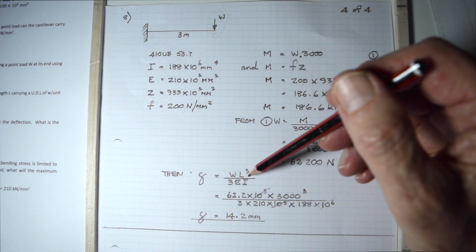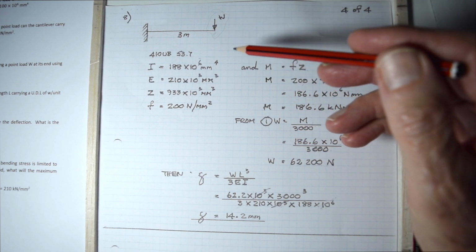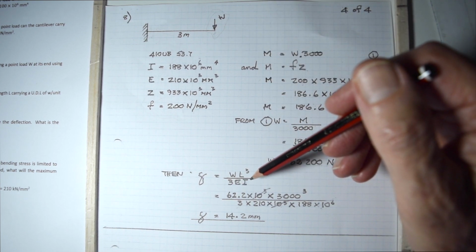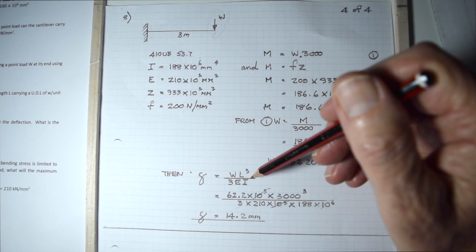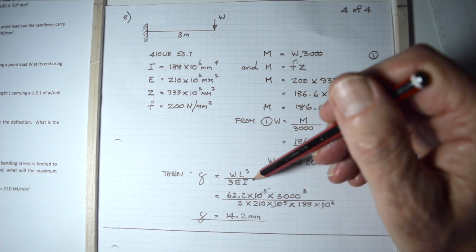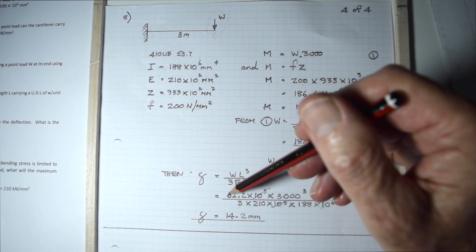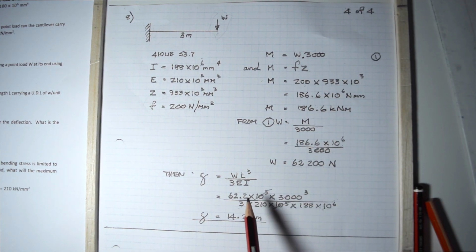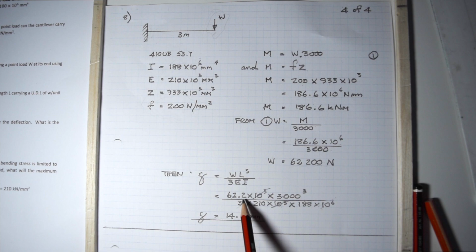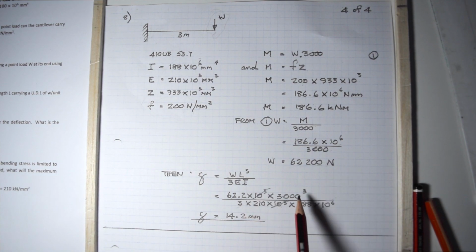Now, the standard formula for this cantilever, as we've mentioned previously in the lecture and this tutorial, is WL cubed over 3EI. So putting into this equation the information you have: W, 62.2 kilonewtons by 10 to the power of 3 to bring it to newtons.